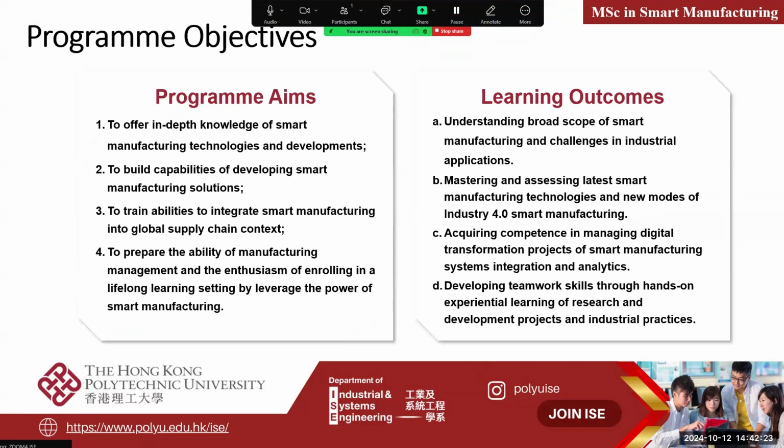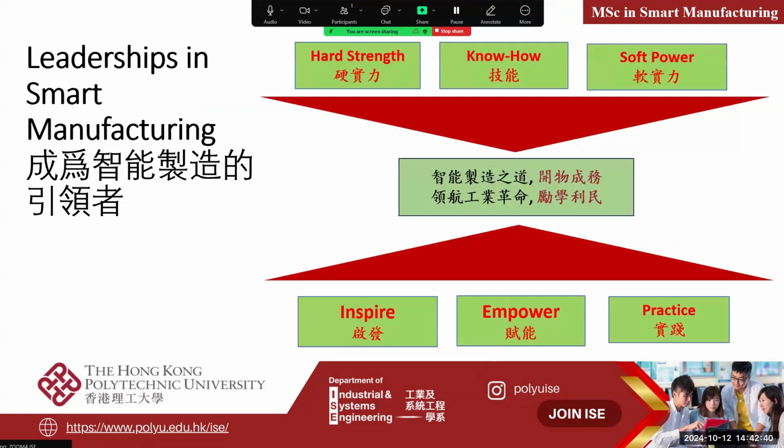The objective of the program is to let all of you know the smart manufacturing technologies and developments, and also to give you the abilities to use these technologies to generate solutions for industry. Let me show you the vision for this program.